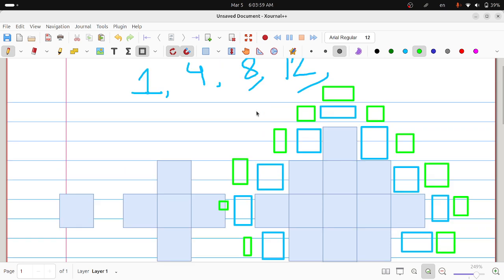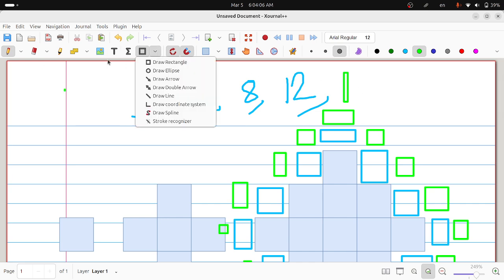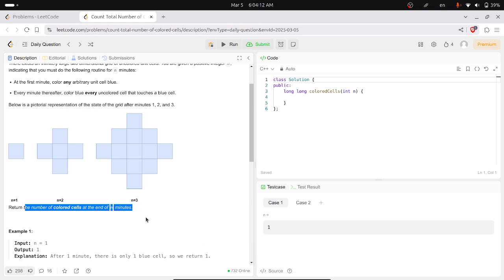I think I got the pattern. I got the pattern. I'll just add four more. So every time I'm adding four more.